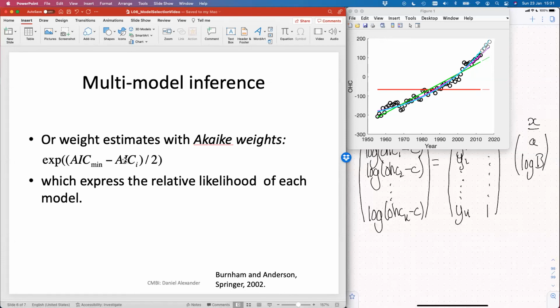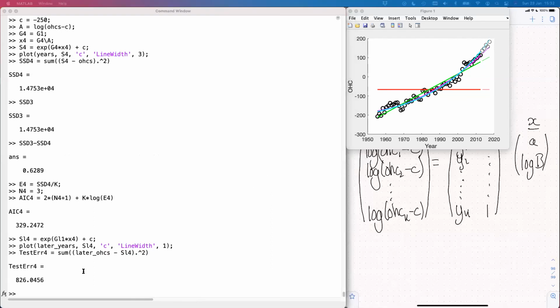We'll go back to our MATLAB window and show this in action to make it concrete. So if we go back here, to start with, let's compute the minimum AIC over our set of models. So that's just the minimum of the array of our set of AICs.